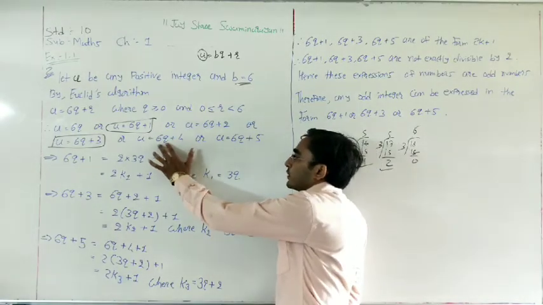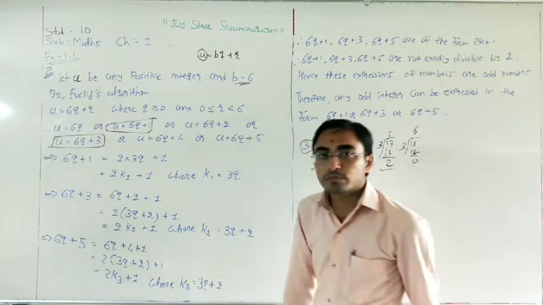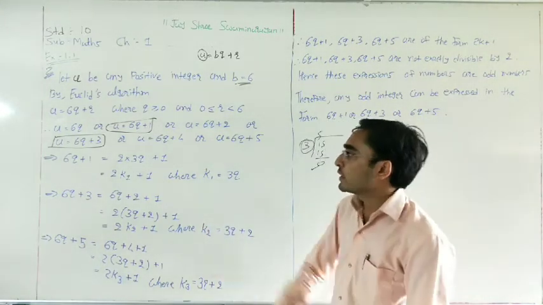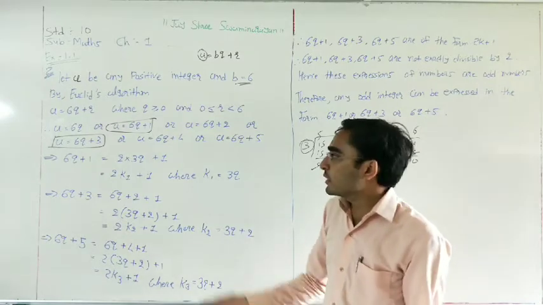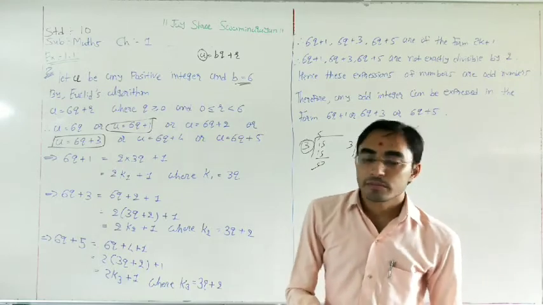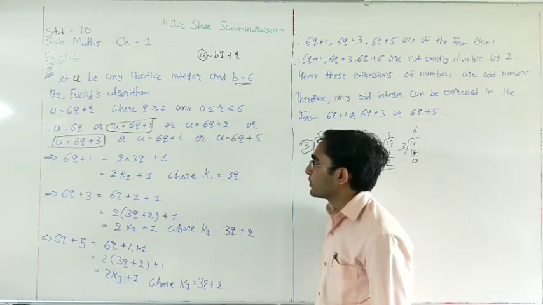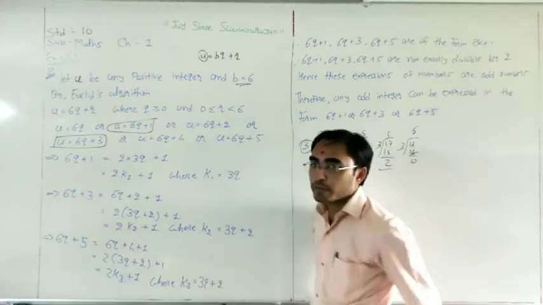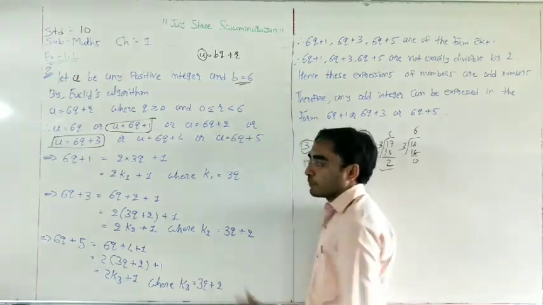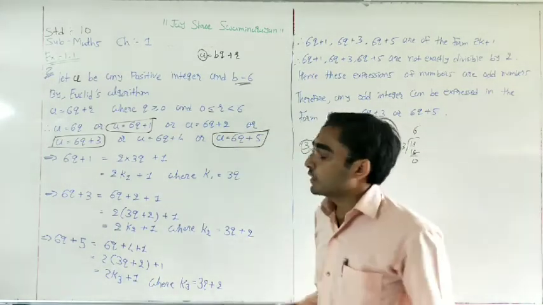Again here 6q plus 4. 6q is an even number, and even number plus 4 is also an even number, so we do not need to consider it. Then a is equal to 6q plus 5. 6q is an even number, plus 5 is again an odd number. So we need to consider this possibility.